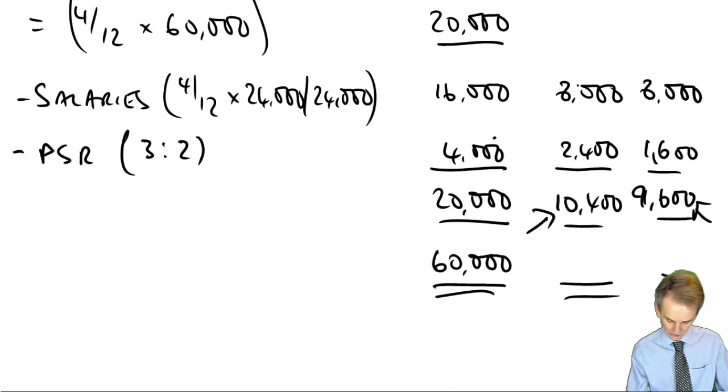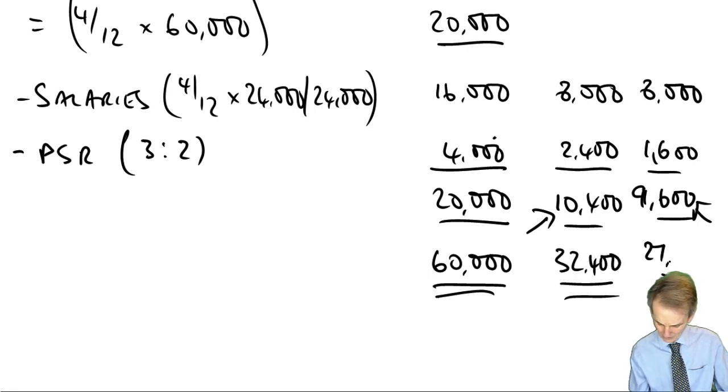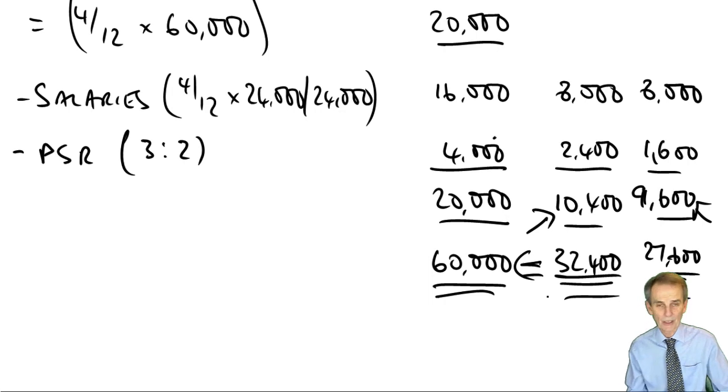That therefore will give us for A 32,400 and for V 27,600. Again, just do a quick cross-cast to ensure that that comes to 60,000, that we haven't done something silly with our numbers. Again, a lot of use of calculators going on here, and we've got to be careful that we press the right button. So just do a cross-cast to make sure that what adds down also adds across to that total there.